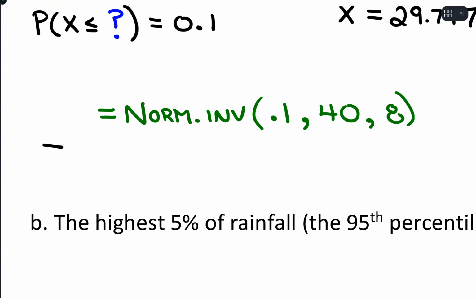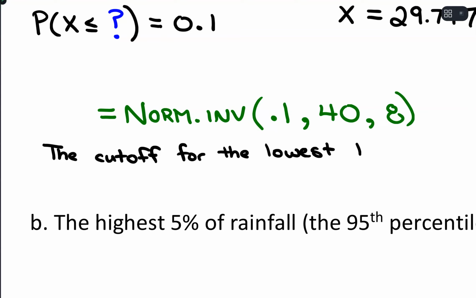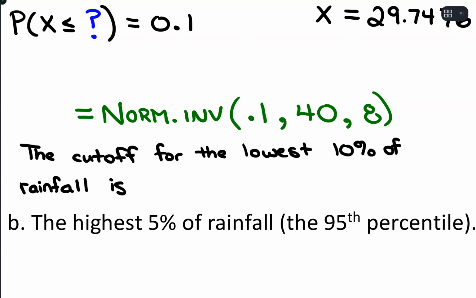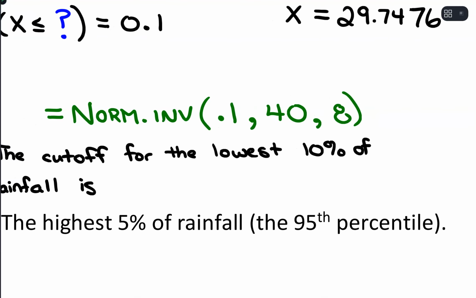So how I would phrase this is the cutoff for the lowest 10% of rainfall is, and we take that x value, so that's measured in inches of rain.